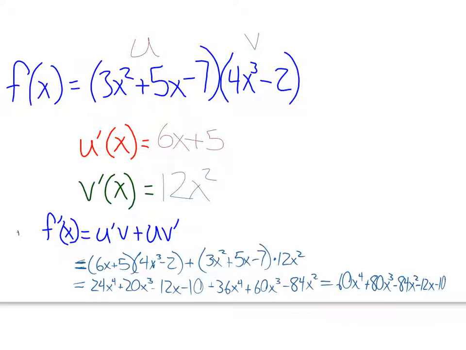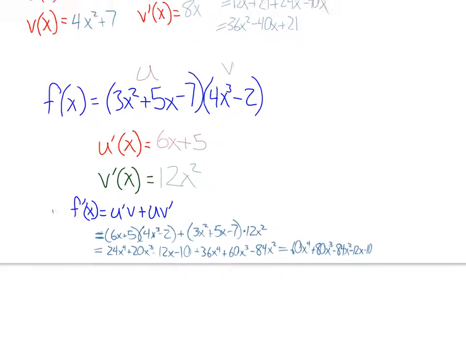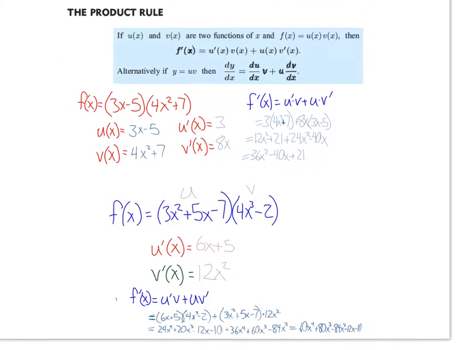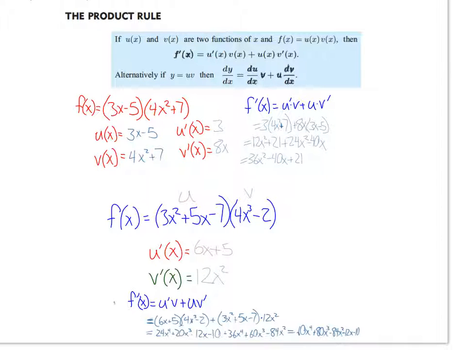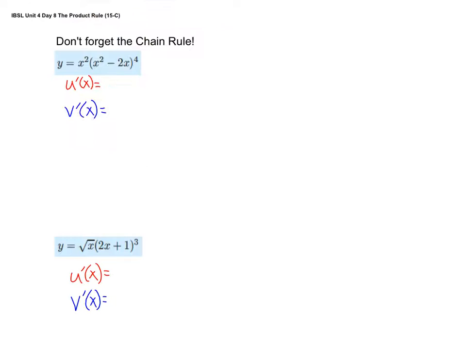Okay? So now, here's where things start coming together. We have more complicated functions than just polynomials multiplied together. Okay? We have polynomials multiplied together, but here one polynomial is actually raised to a power.